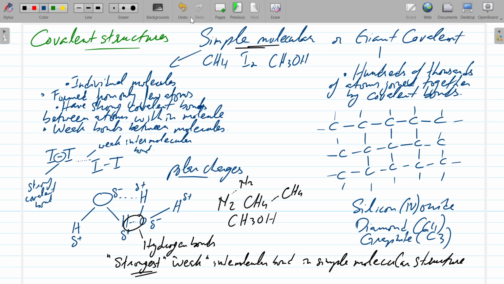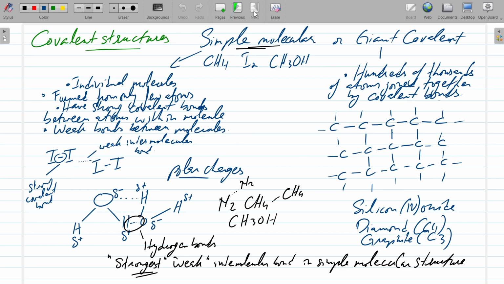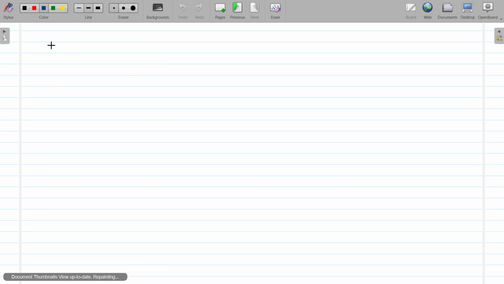We'll come to diamond and graphite, but you can take a look at the structures in the book. I have tried to draw something to represent diamond.